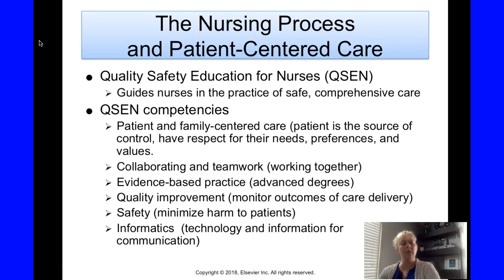All right, so evidence-based practice. Now, those are more for advanced degrees, like myself being a nurse practitioner. So I diagnose and I treat patients based on evidence-based practice. What does that mean? That means that there's studies done to determine how I should treat a person or what's recommended based on research. So an example would be mammograms.